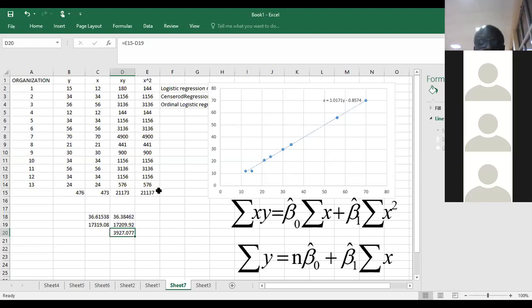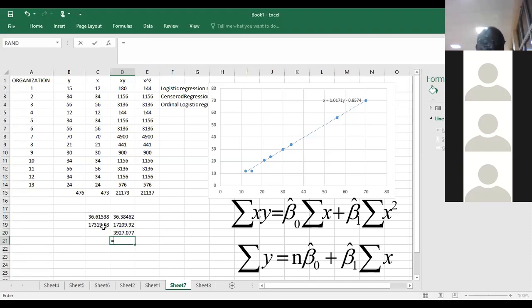So it is this 211 minus this. Therefore, beta 1 cap, that is the result.